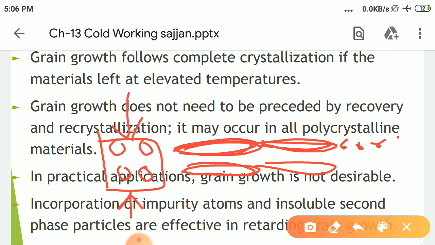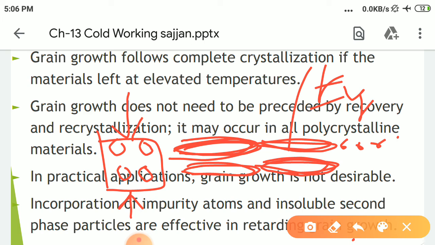So this is again a very important point. So grains in cold working are continuous and elongated. So you can write these are elongated. I cannot write with my fingers on the mobile, but you must remember this one. In cold working, grains are elongated.